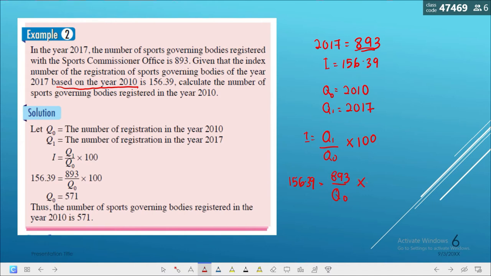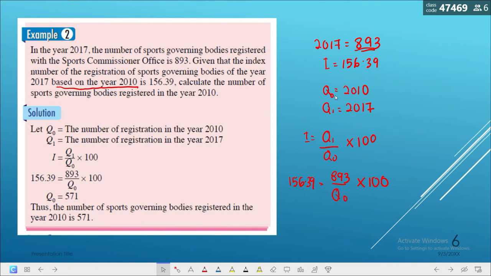893, so times 100. Okay, so I explain again. In the year 2017, the number of sports governing bodies registered with the Sport Commissioner Office is 893. So in 2017, there are 893 registrations. And they give you the index, 156.39. We have to know which one is the base first.